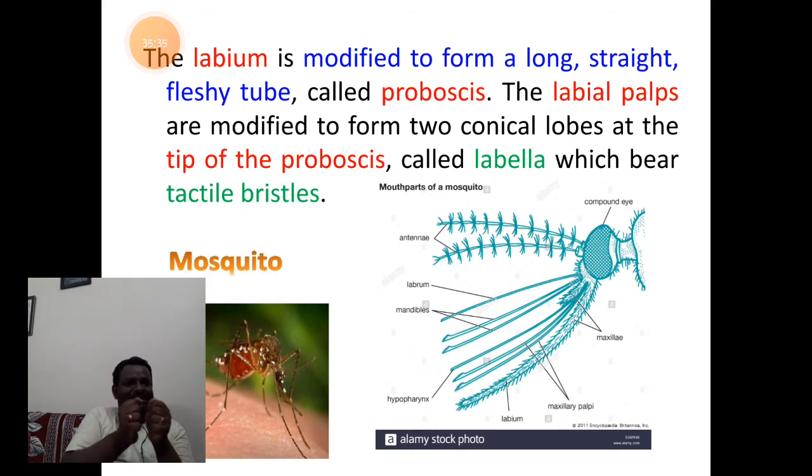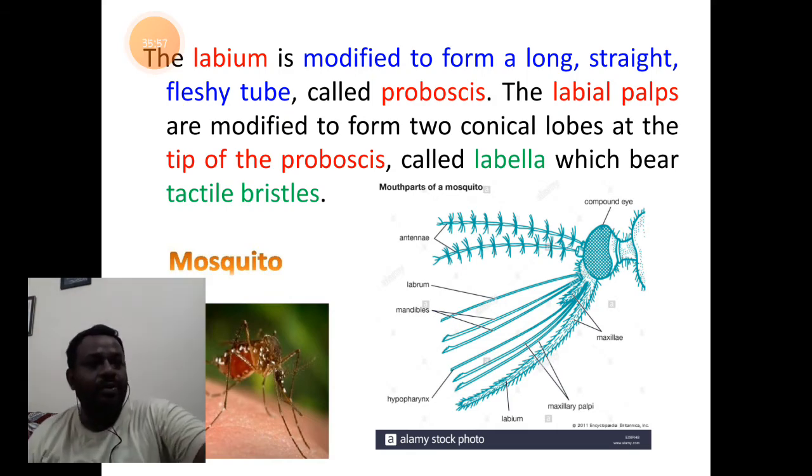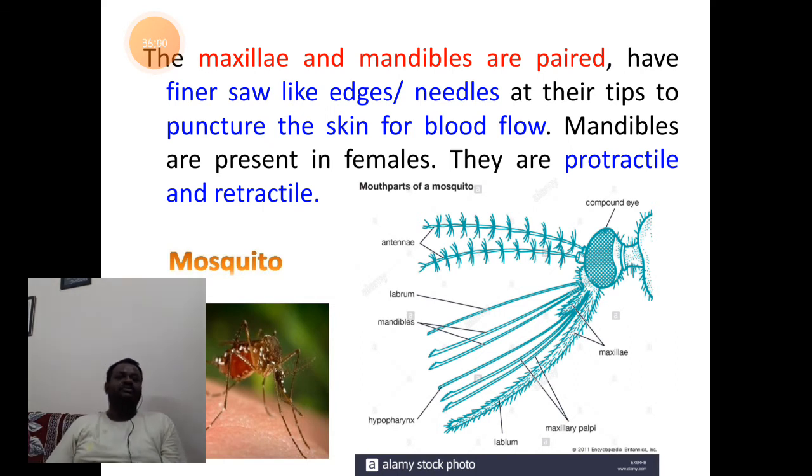The function of these labial palps, which are attached to the tip of the proboscis: if this is the proboscis, at its tip there are two structures attached. If they open, you find the structure of the proboscis inside. So the labella's function is they are tactile bristles. They are sensory organs for the touch of the host.